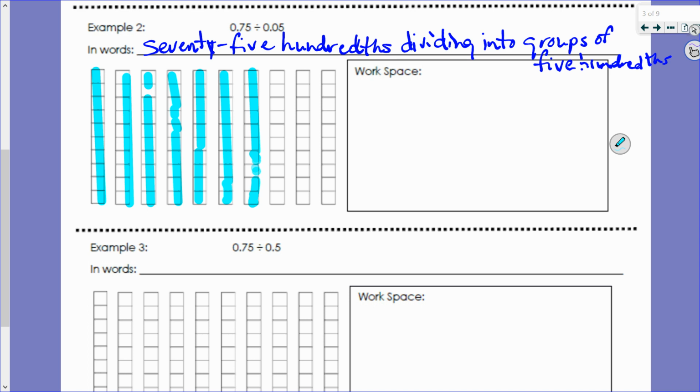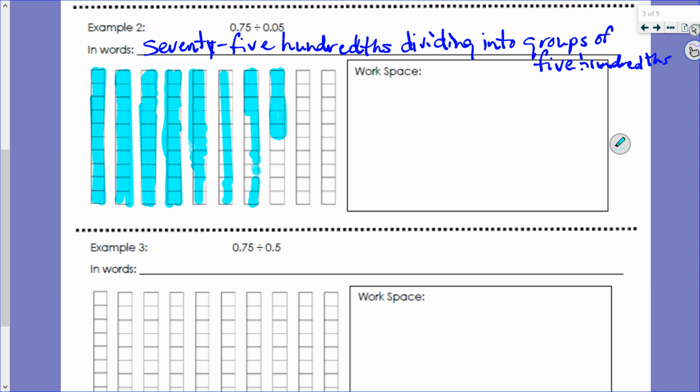So everybody agree that's 70? Now what am I going to do for the 5? Cut that last one in half, right? So I'm going to color 5 out of that next group, not last. I'm not actually going to get to the last group of 75 hundredths.